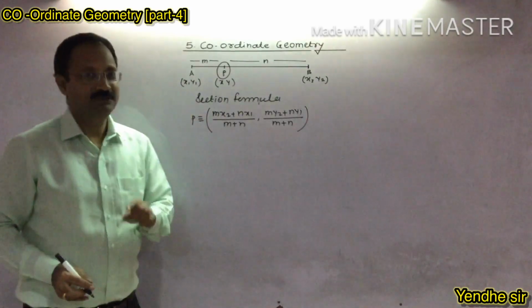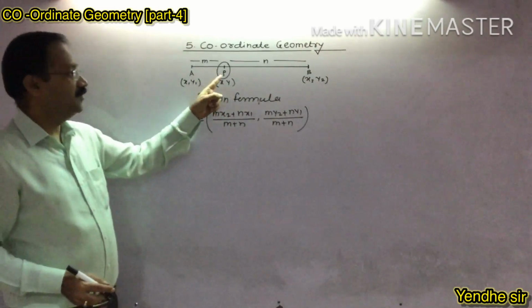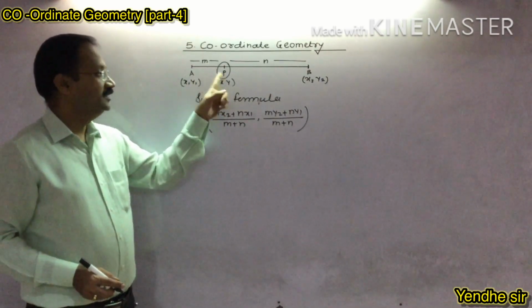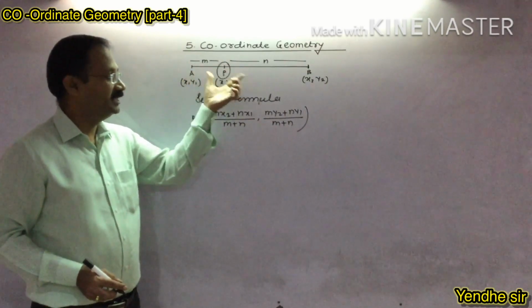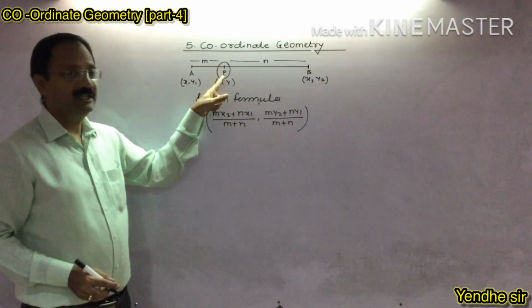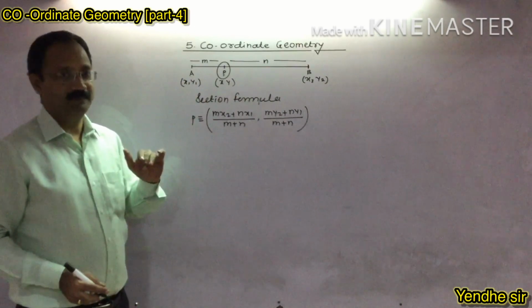But again, you have to remember one point: if the coordinates of the point which divides the segment in some ratio are given, then you have to split the formula.